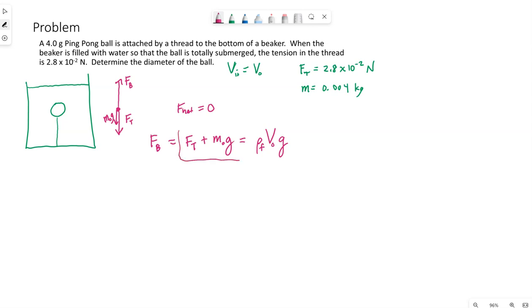So Newton's second law allows us to relate these 3 forces, the buoyant force upwards, the tension and gravity downwards. And we actually have everything except for the V, the volume of this ball. And so we can calculate for that. Don't try to cancel out g, by the way, because it's not in every term.